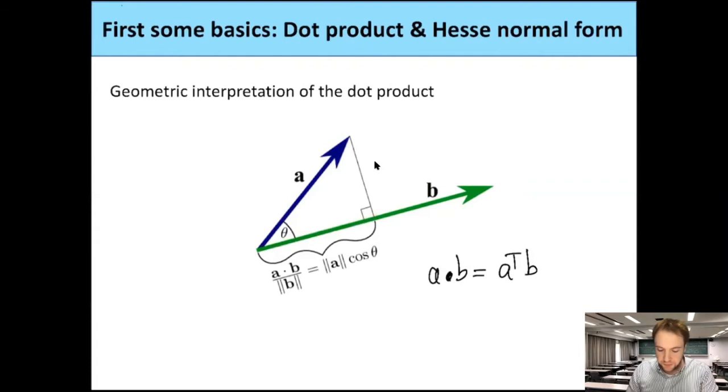We also saw that if I have a vector B and consider all vectors A such that the dot product is fixed, then I consider all points on this line here, and this gives us the possibility to describe a line by using the dot product.